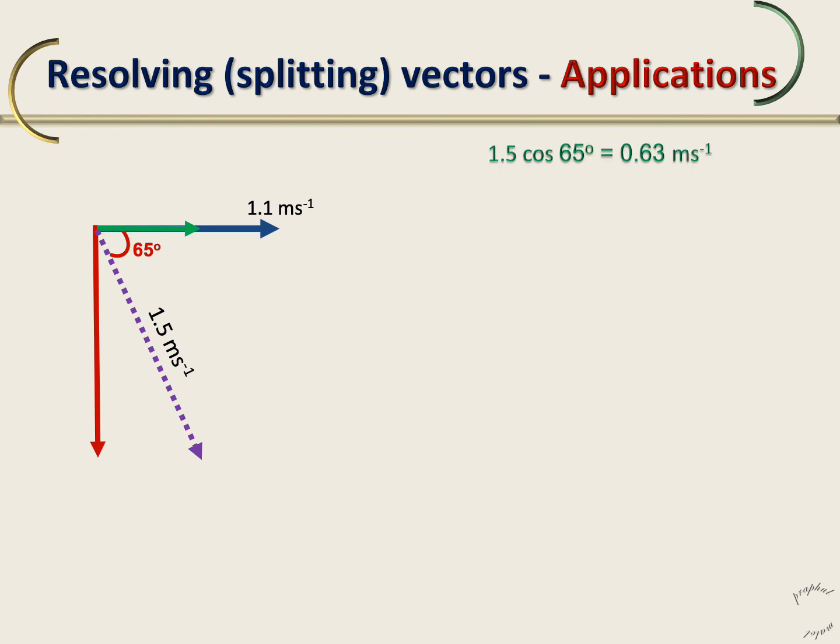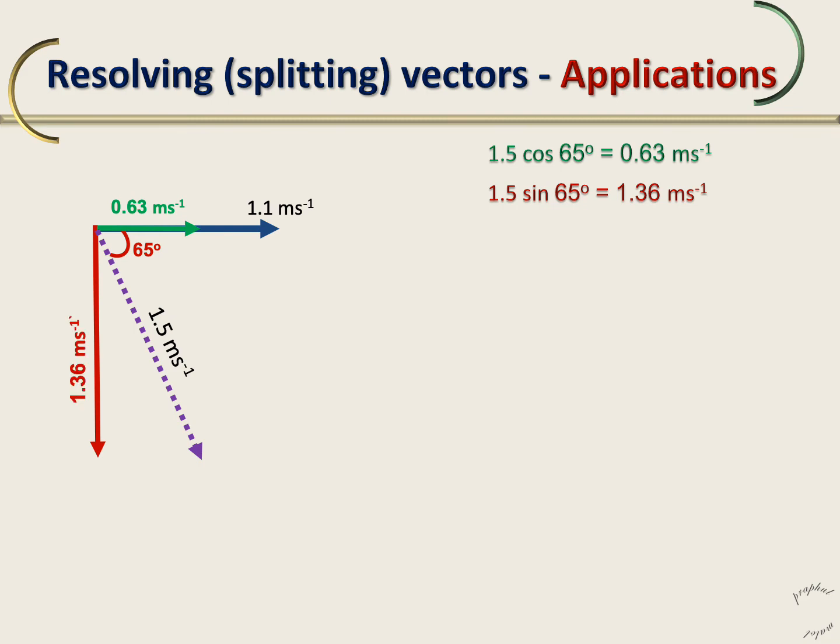So the green component value is 1.5 cos 65. 1.5 is the original vector and touching the angle should be cos 65, so you get 0.63. Now the value of the red one should be 1.5 sin 65 because it's not touching the angle. We have to consider it as the sine component. These are the values of the components of 1.5.